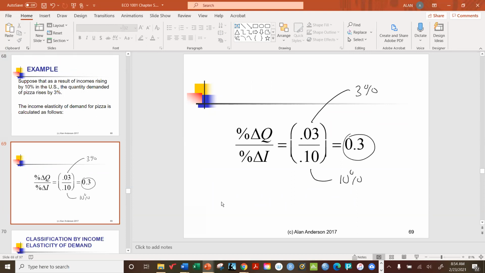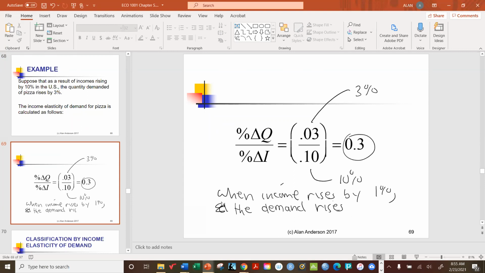In other words, this is saying that when income rises by 1%, the quantity demanded rises by 0.3%. Now, that just means that people perceive this as a normal good.